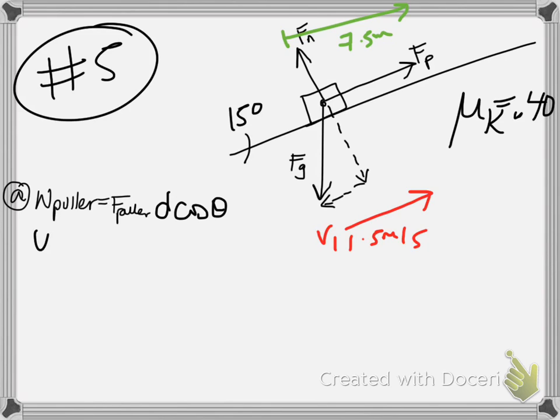So we're going to have work of the puller. What's the force the puller is exerting? 100.0 newtons times 7.5 meters. What's the angle between the puller's force and the direction that the crate is moving?